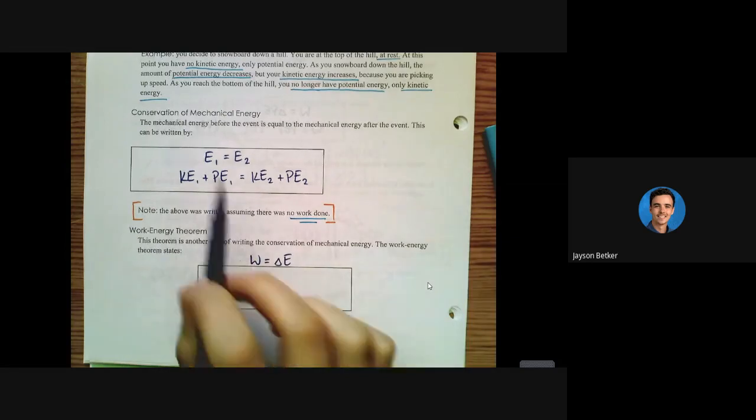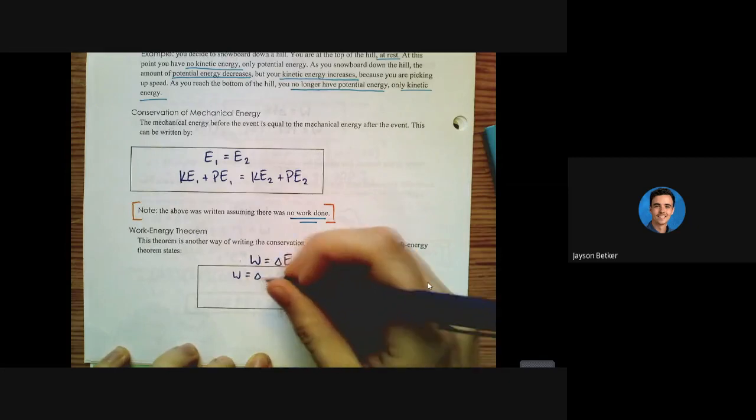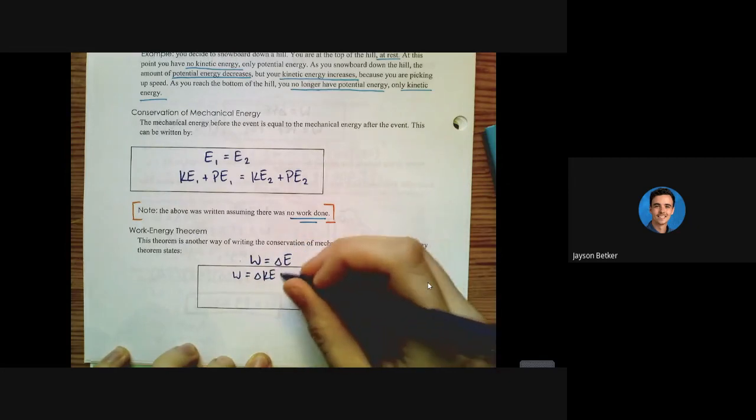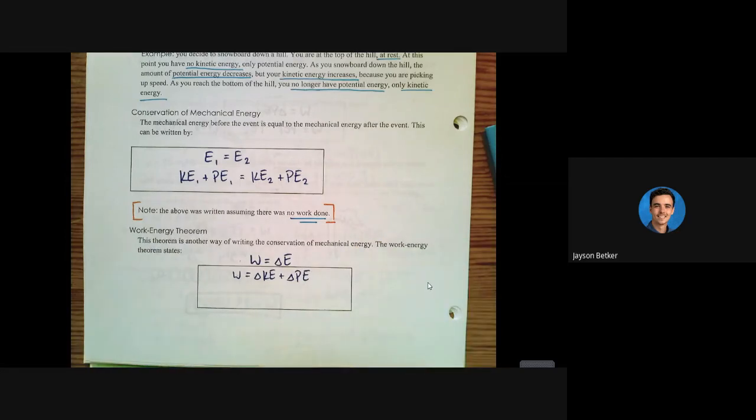Well, let's just take one of these from up here. We remember that work is equal to the change in kinetic energy plus the change in potential energy. Now, remember, change, that's what the delta means there.